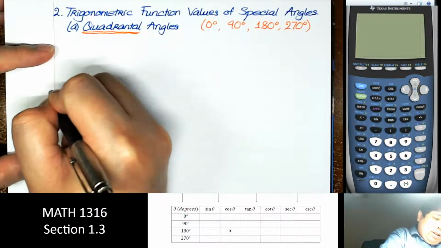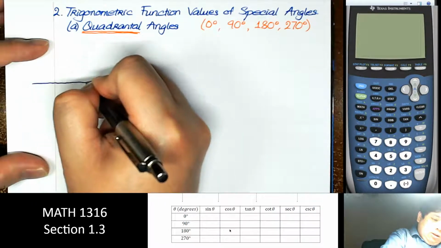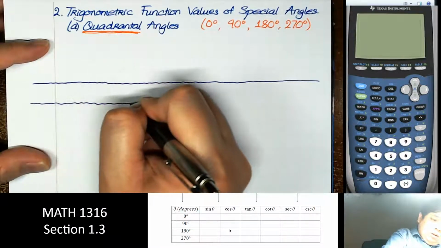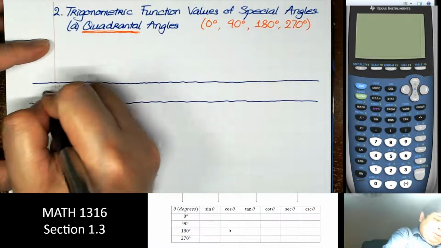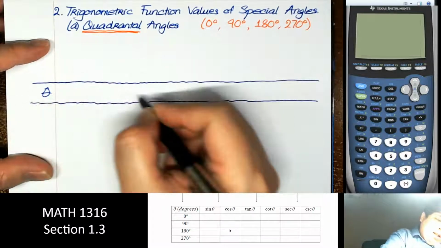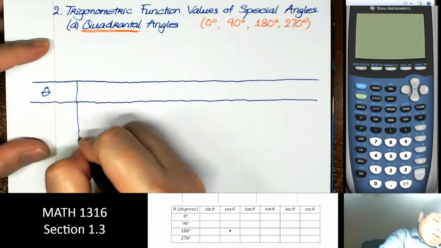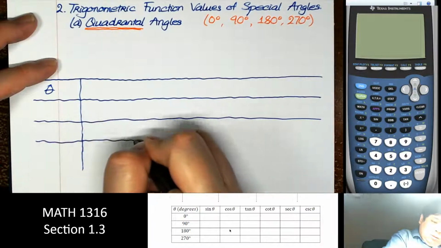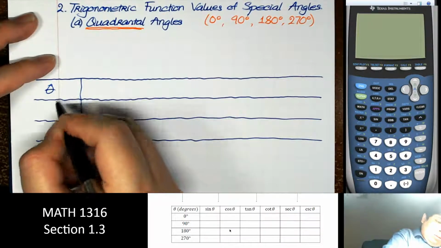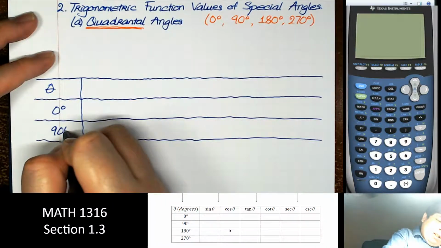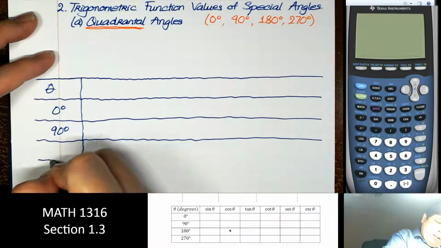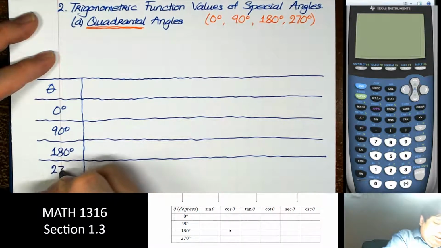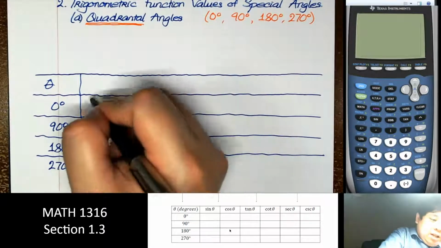Now, theta in degrees: 0 degrees, 90, 180, and 270. Right. And then the 6 trig functions.